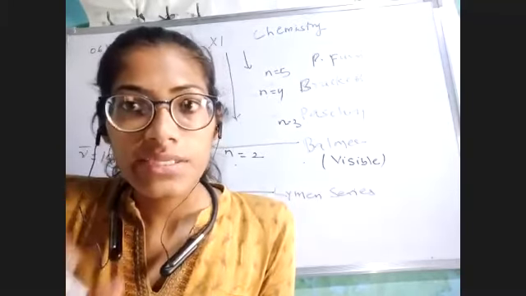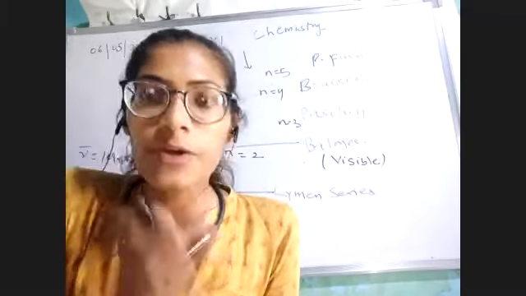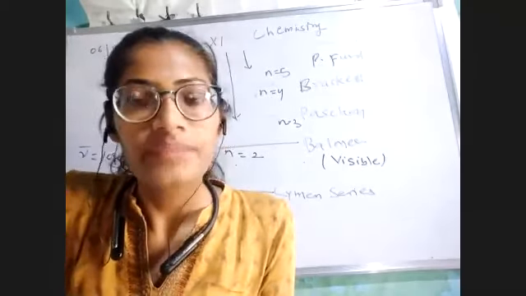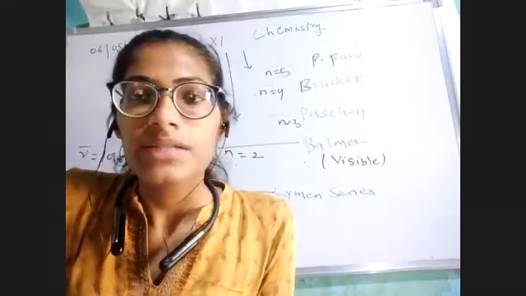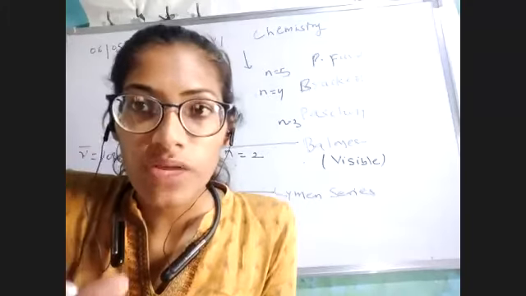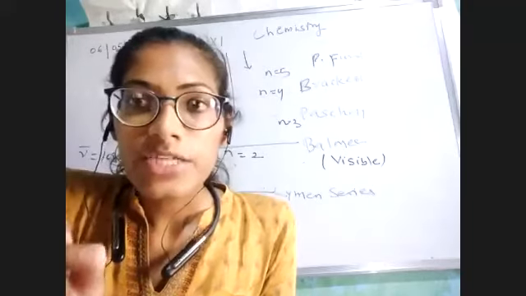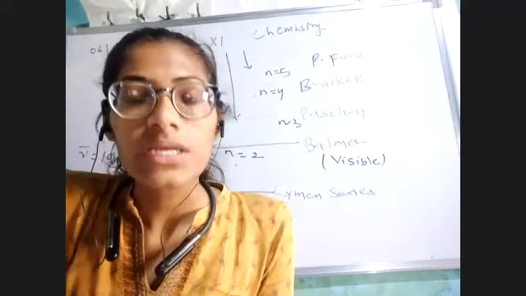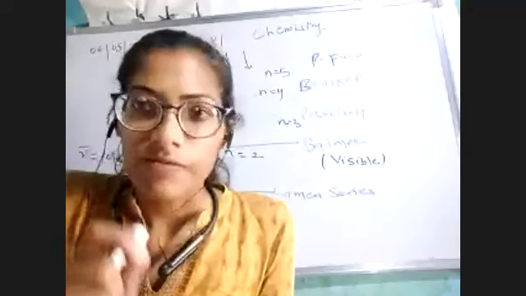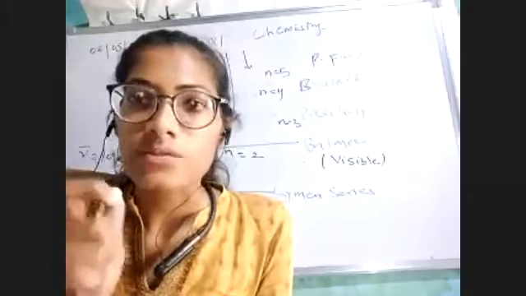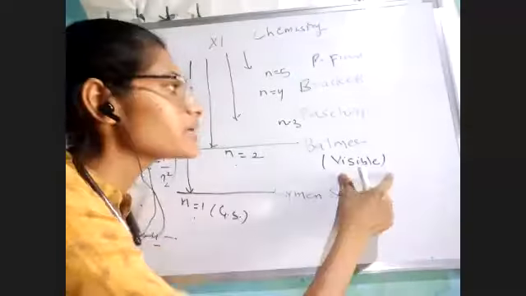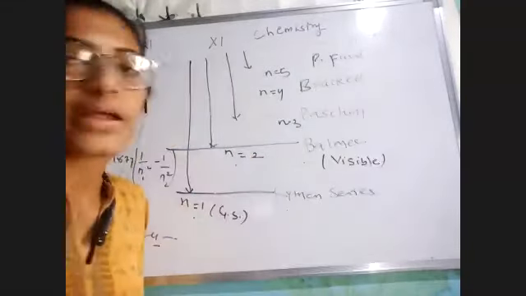Whenever they release radiation, they fall in different frequency regions, because radiation must have a particular frequency. Which region the radiation falls in depends on whether it is ultraviolet, visible or infrared. The first one is ultraviolet, the second one is visible, and these all are infrared.